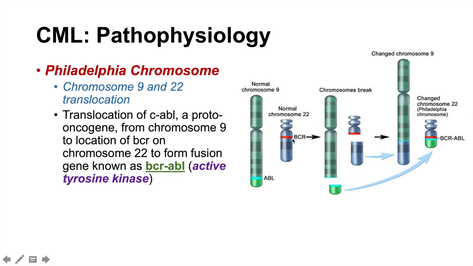The piece from chromosome 9 can be put onto chromosome 22 with the gene Abl right next to the gene BCR.